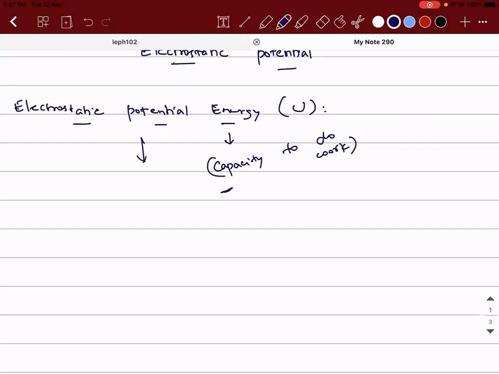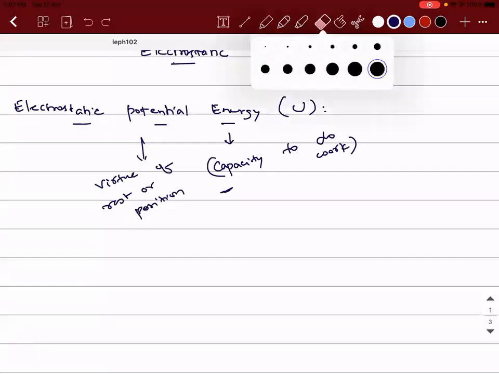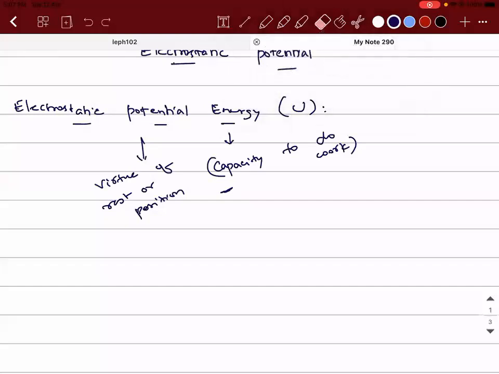Here, potential refers to what? Virtue of rest, position, or configuration.